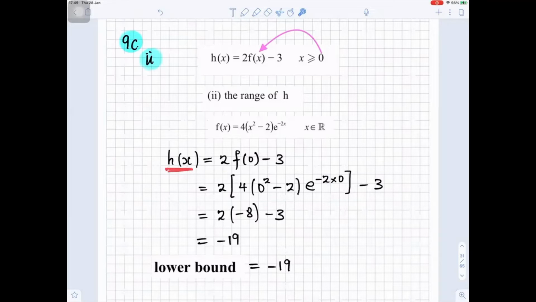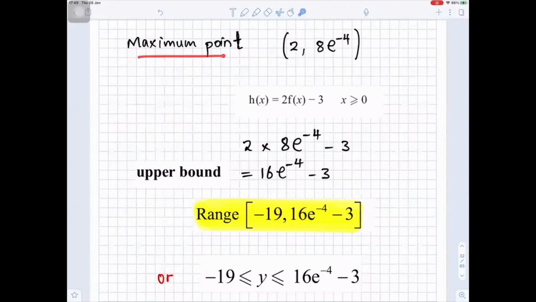So h of x, let's put in 0. 2 times f of 0. When we put 0, 2 times f of 0 minus 3 will give us -19. And that will give us the lower bound when we put in 0. So the lower bound is -19.